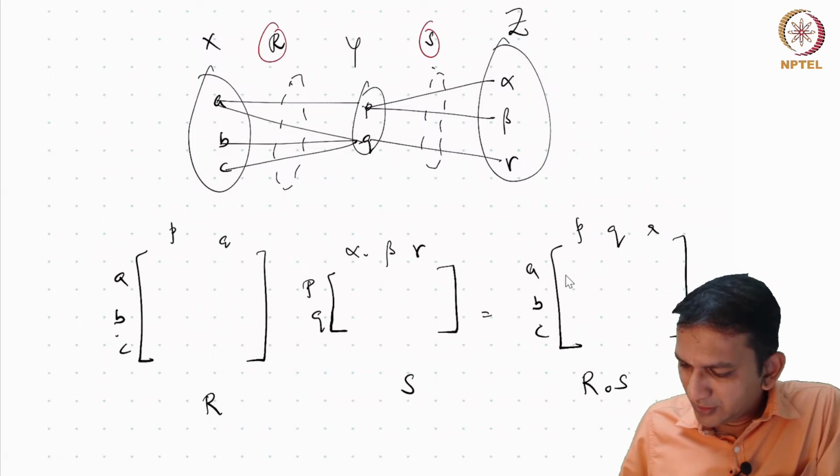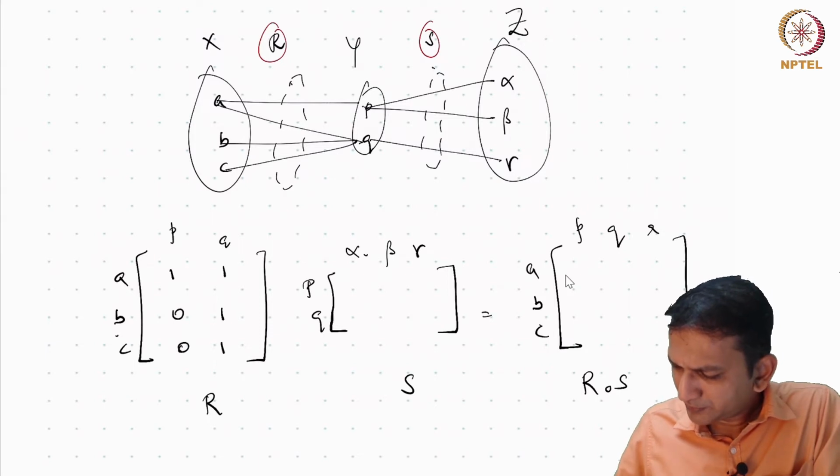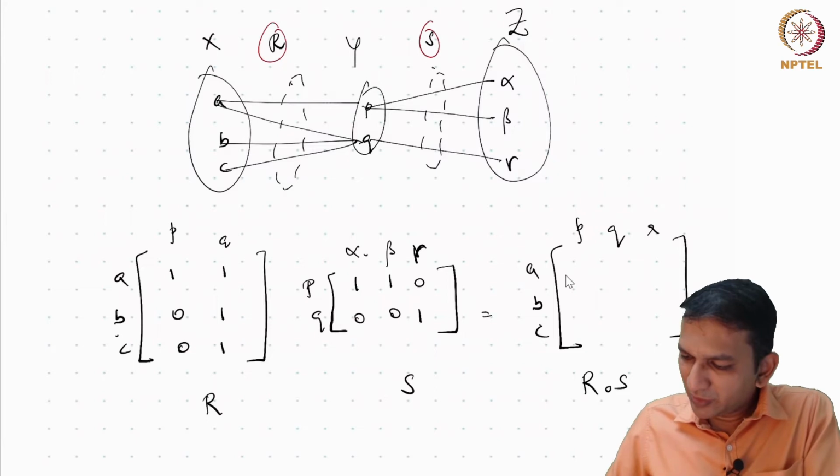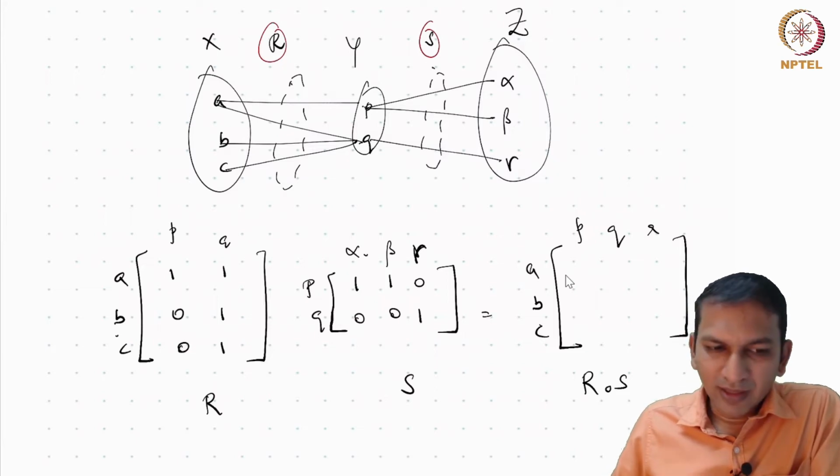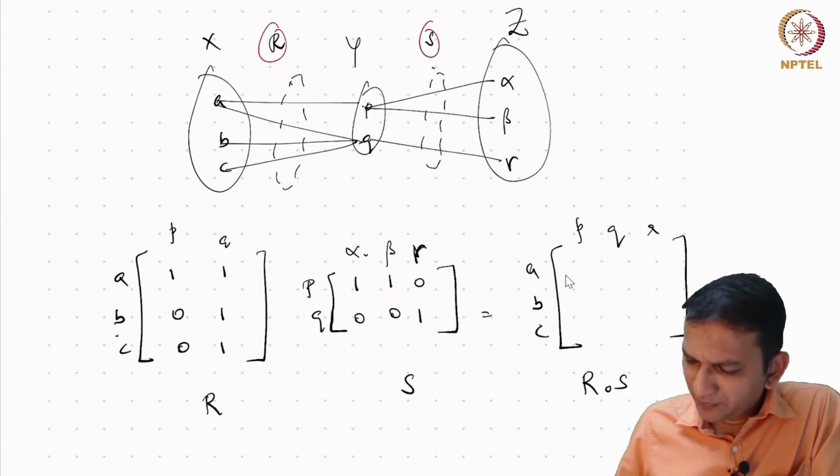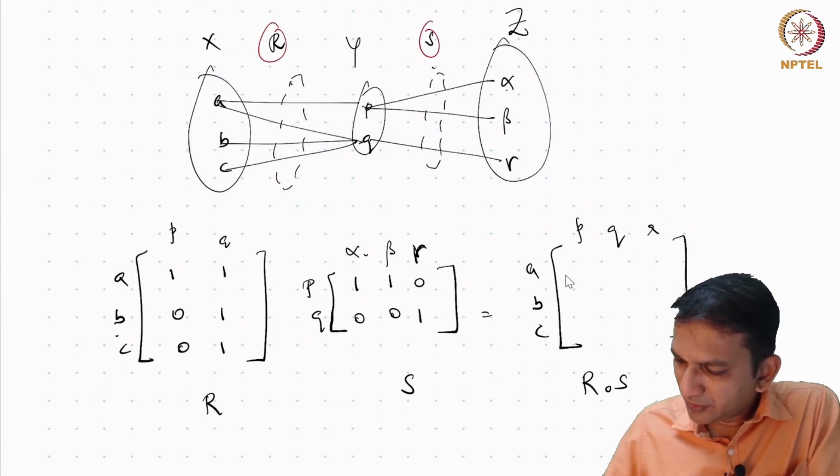Now, A is related to P and also Q, B only to Q, C also only to Q, and P is related to both alpha and beta, but Q is related only to gamma. Now, let us write what is R circle S from the given diagram. We know that A is related to alpha through P, so A, alpha, beta, gamma.